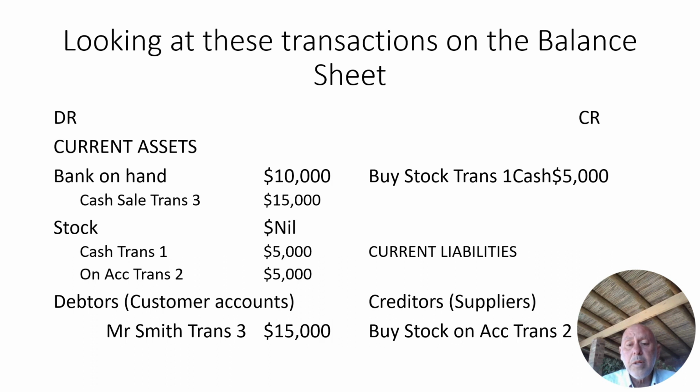And again, I'm using that simple math story. A plus B equals C plus D. And if you want to do the opposite, to reduce a balance, you transact on the opposite side. And if you want to add to a balance account, you transact to the same side. Simple maths.